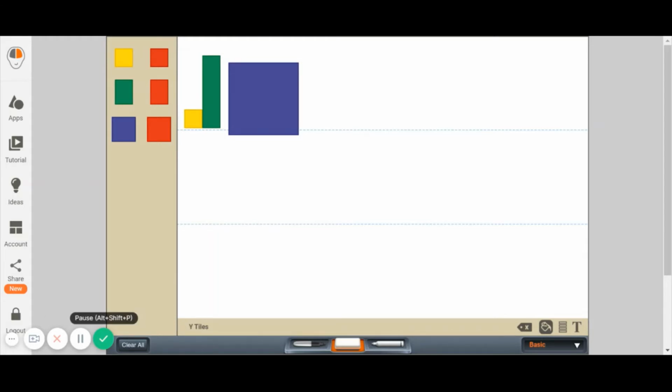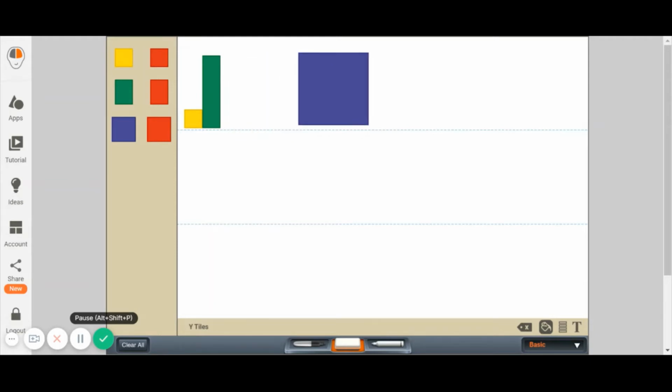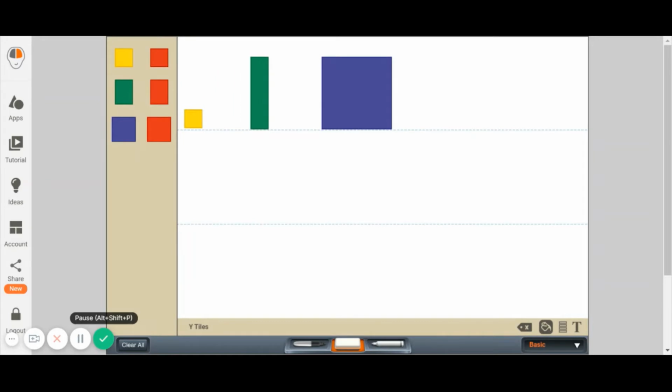So to start looking at expressions from a 7th grade perspective, I might put a model out for students that looks something like this, and I ask students to identify the expression.